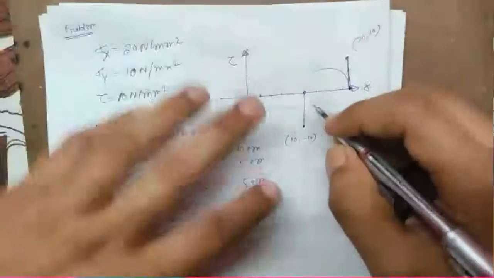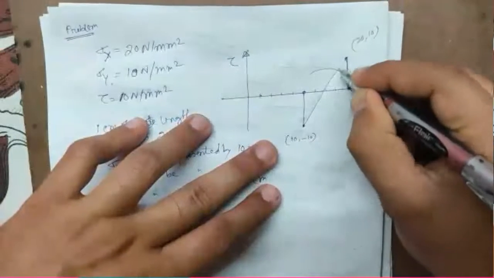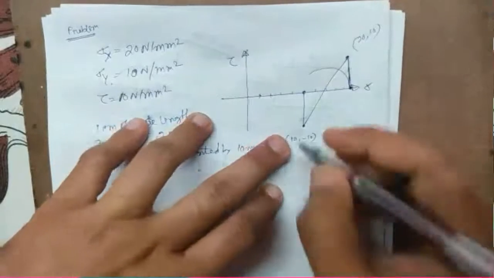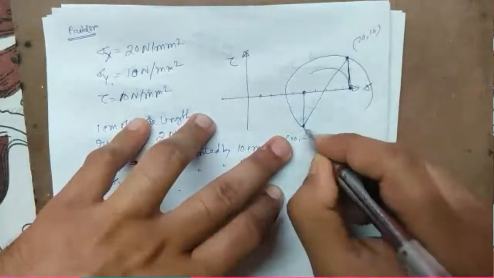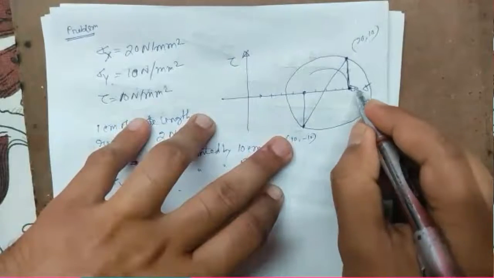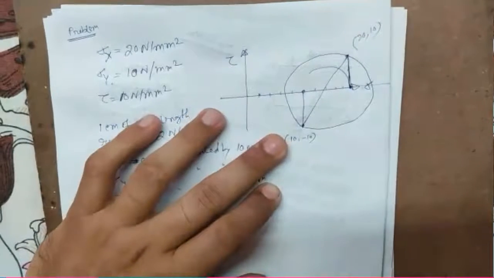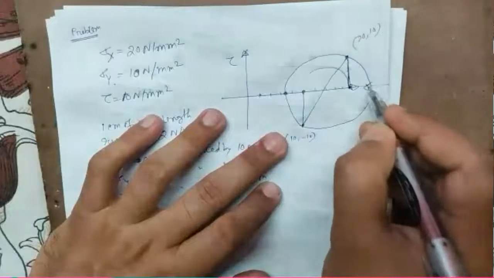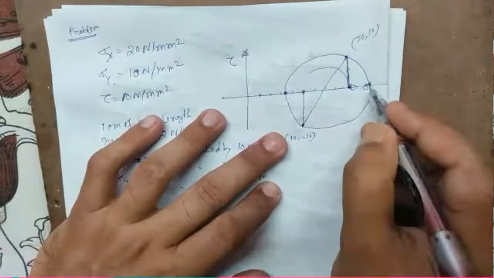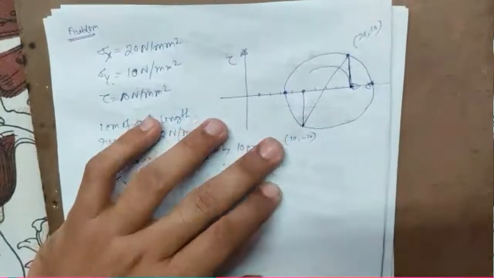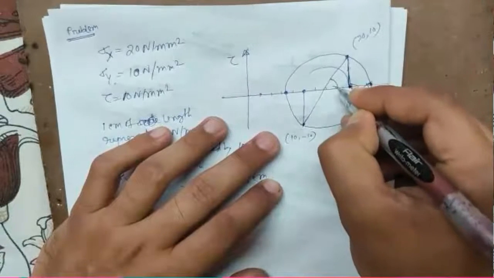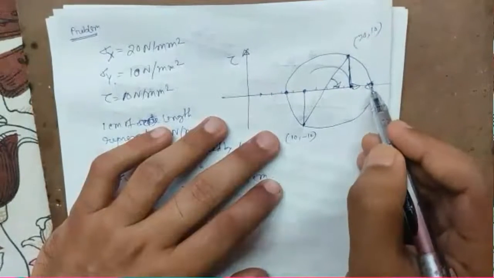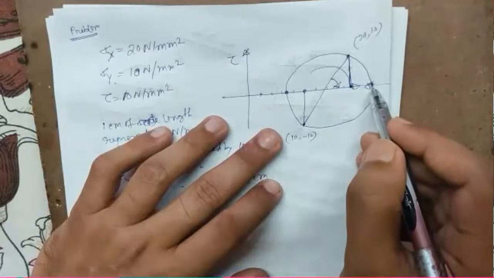Okay, now if you join them, this will be your radius, and while you make the circle, this will be your Mohr circle. At this point and then this point you can find the principal stresses. So if you measure this length, you can get this major principal stress.